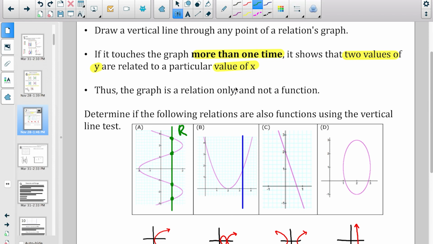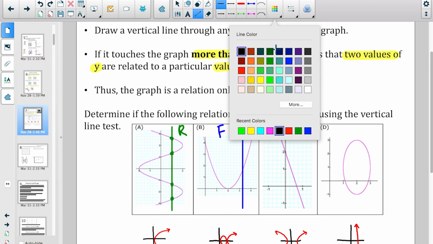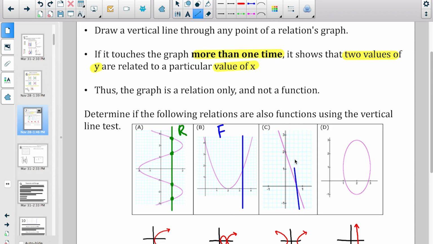So let's go ahead and say that it's a function. Over in example C, again, we can see pretty quickly that we're going to end up with a function, because again, if I drop this line anywhere, we can see that it only is going to pass through that pink line only one time.